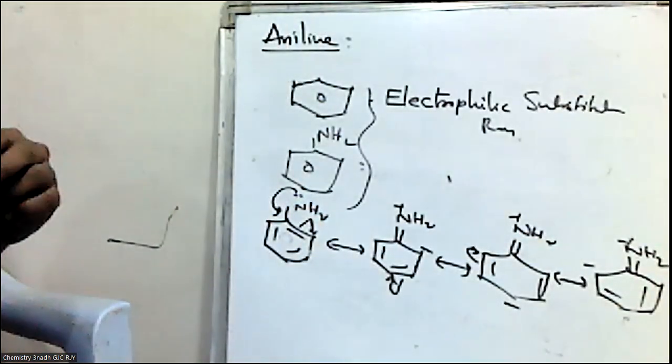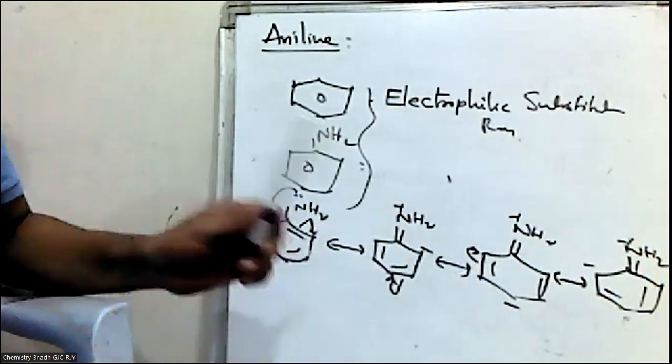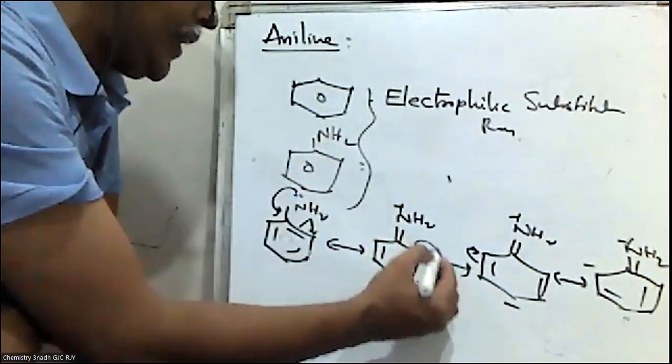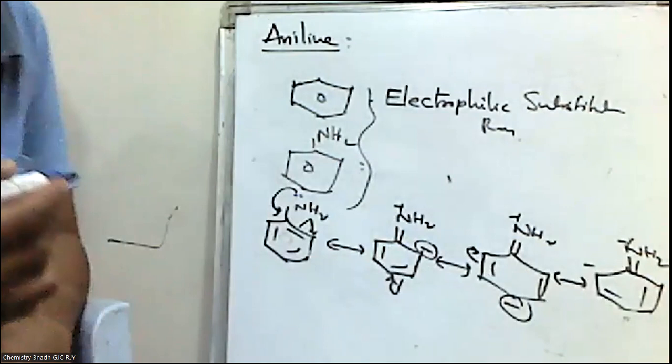If we observe the resonance structures, we get negative charges at the ortho and para positions.